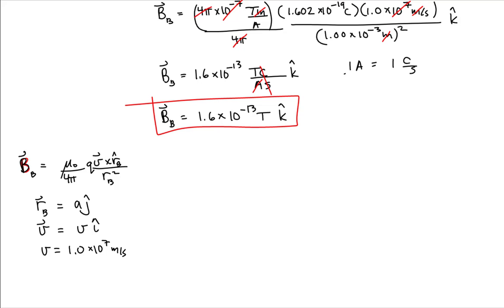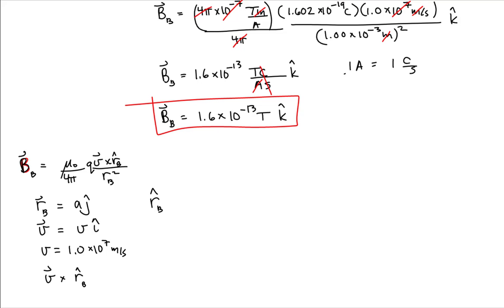So we need to find the cross product between the velocity vector and the unit vector representing the relative position between the point and the source charge. Now, quite simply, the unit vector is just along the y-axis, but let's go ahead and quickly show that.